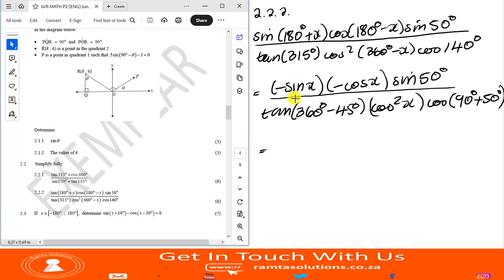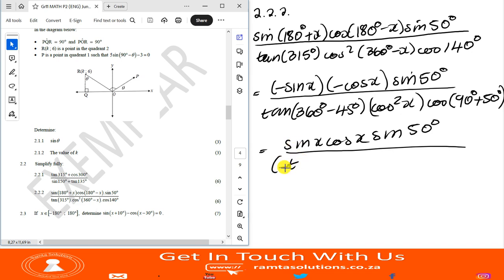Great. Negative times negative is positive, so we have sine x cos x sine 50 degrees over tan in the 360 minus, it's negative, so it will be tan 45 degrees, and then cos square x.